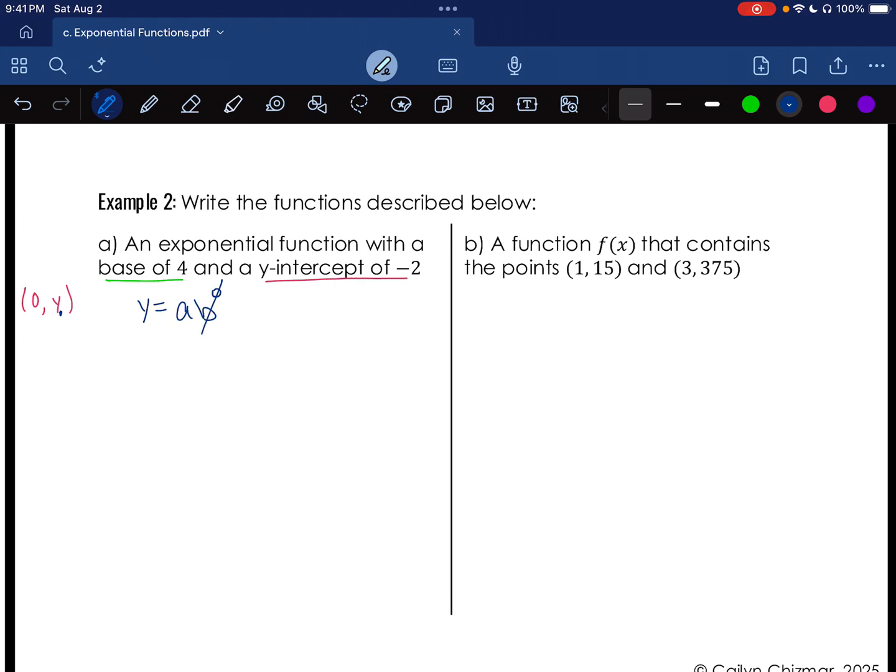So this gives us that y is just a. So a is always our y-intercept here in an exponential function.